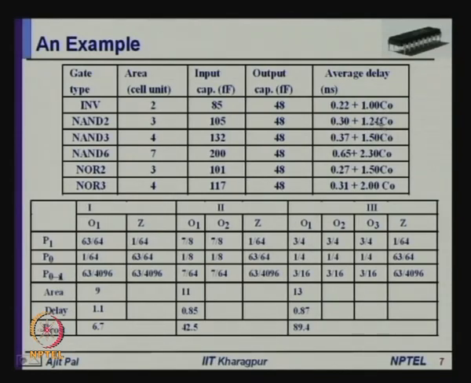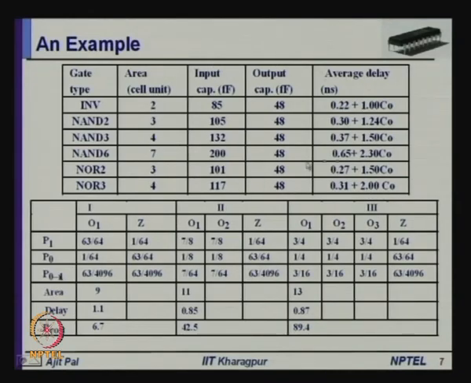You can see this factor is increasing because of increasing fan in, and for 3 input NAND gate it is 0.37 plus 1.55 C0. For 6 input NAND gate it is 0.65 plus 2.30 into C0, and for 2 input NOR gate it is 0.27 plus 1.5 into C0. So, these are the average delays in nanosecond, and for 3 input NOR gate it is 0.31 plus 2.0 into C0.